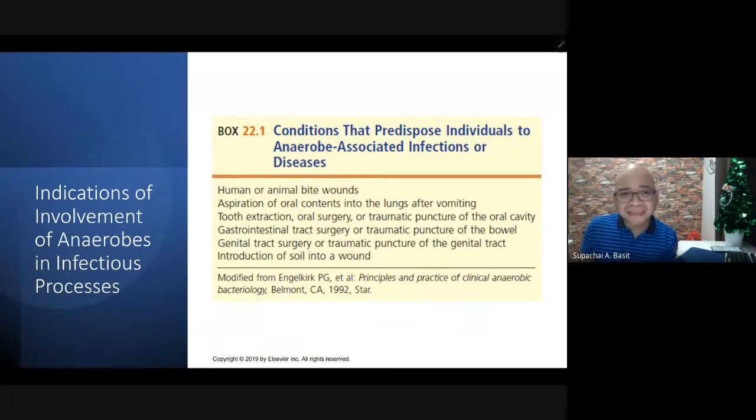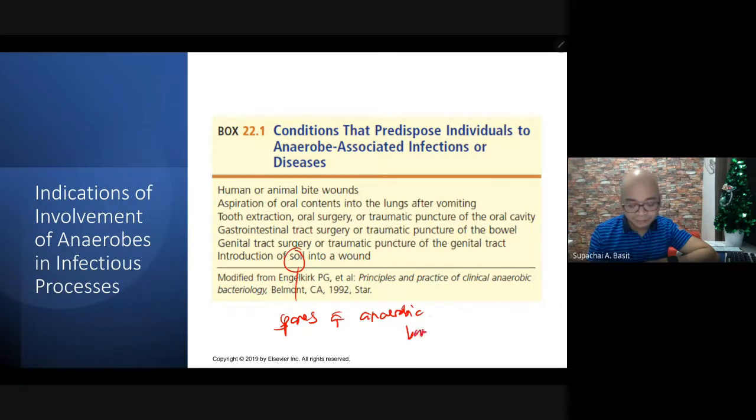Number four is gastrointestinal tract surgery or traumatic puncture of the bowel. And then genital tract surgery or traumatic puncture of the genital tract. And lastly, introduction of soil into the wound, because soil may contain the spores of anaerobic bacteria, such as Clostridium tetani.